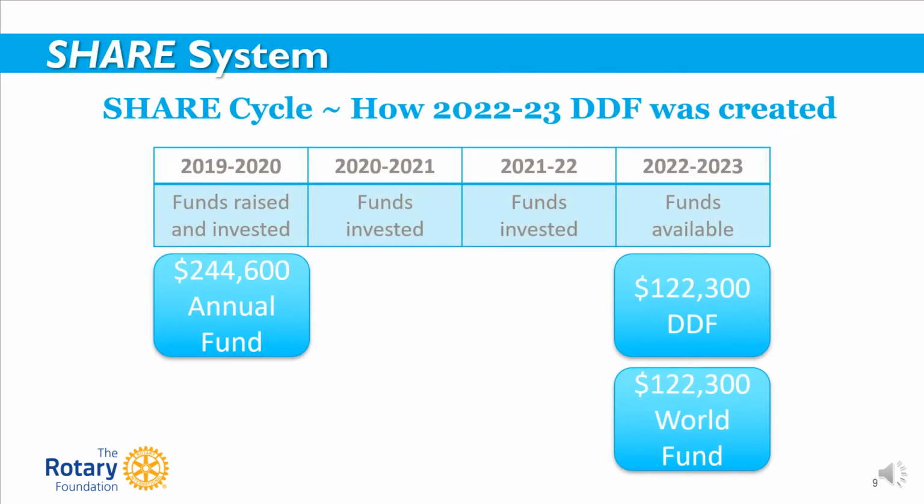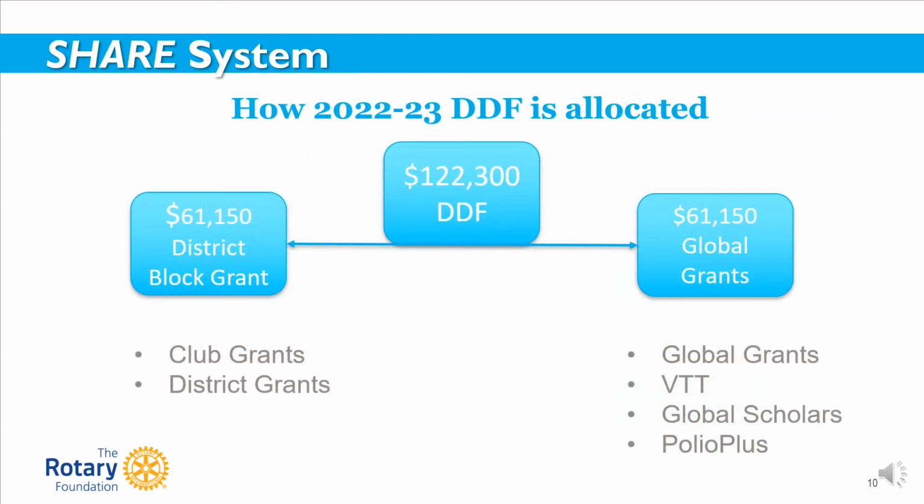The funds your club will have access to next Rotary year are the result of contributions made 4 years ago. This is why it is so important to maintain consistent support of the Rotary Foundation in your club. In the coming Rotary year, the district will have around $61,000 to be used by clubs for district grants, and another $61,000 that can be used for projects that qualify for global grant funding.